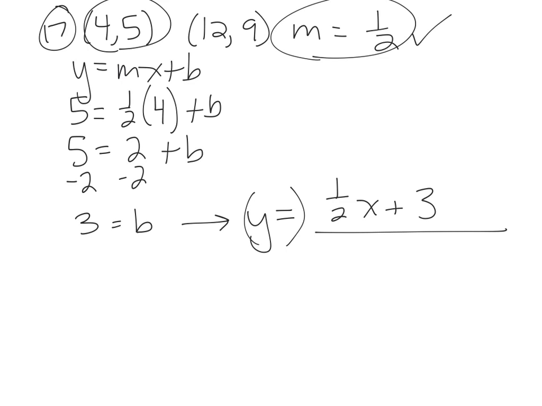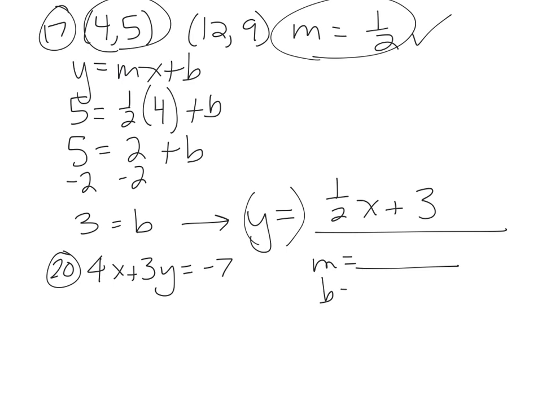And then the last one here is 20, and you got 20 partially right. Y-intercept. I think it's still the same problem you've been having. 4x plus 3y equals -7. They asked for the slope and the y-intercept, and you correctly found the slope to be -4/3. So again, we just need to find the y-intercept.